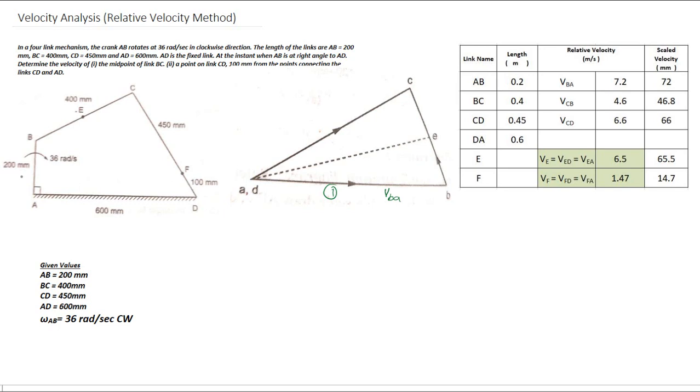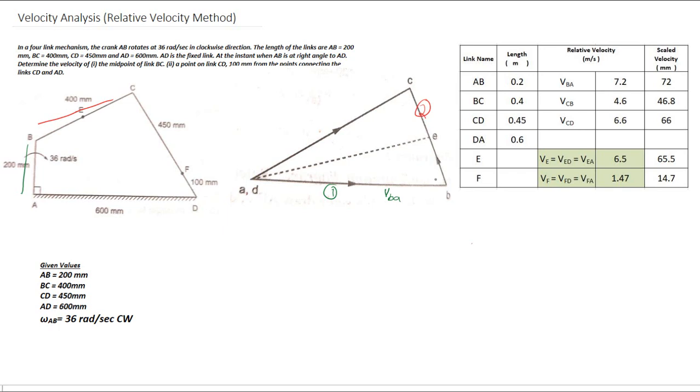Next we are about to draw the vector BC, and this will be perpendicular to the link BC. So this vector we are going to draw next.